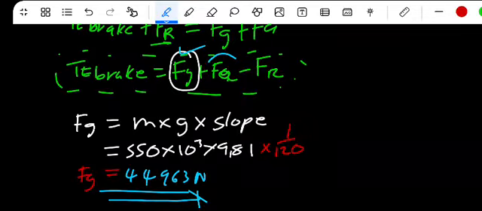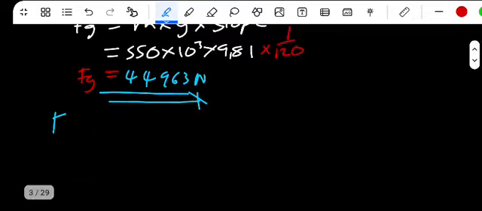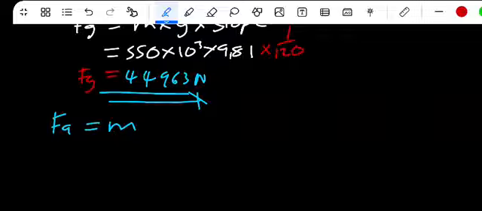Let us go to FA, accelerating force. FA will be equal to the mass multiplied by acceleration. Do we have acceleration? That is the limitation here.